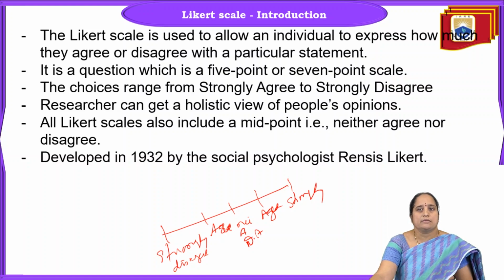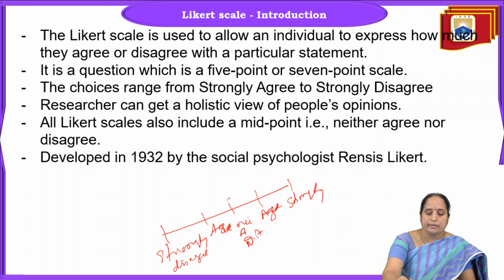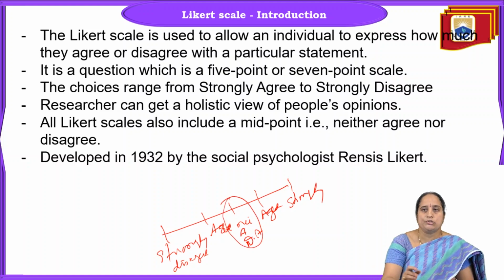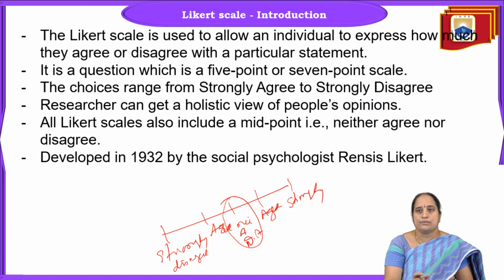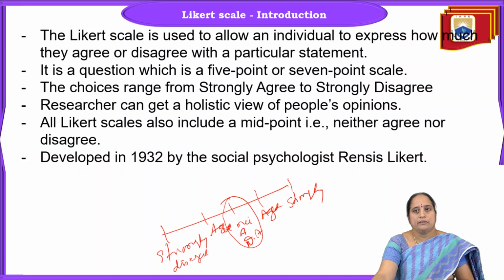So these scales include a midpoint, like neither agree nor disagree, which divides the entire statement into two equal halves. It was developed in 1932 by a social psychologist, Rensis Likert.